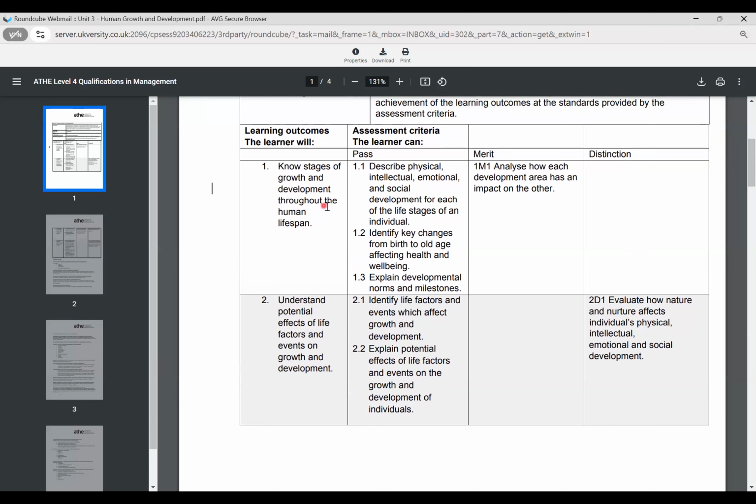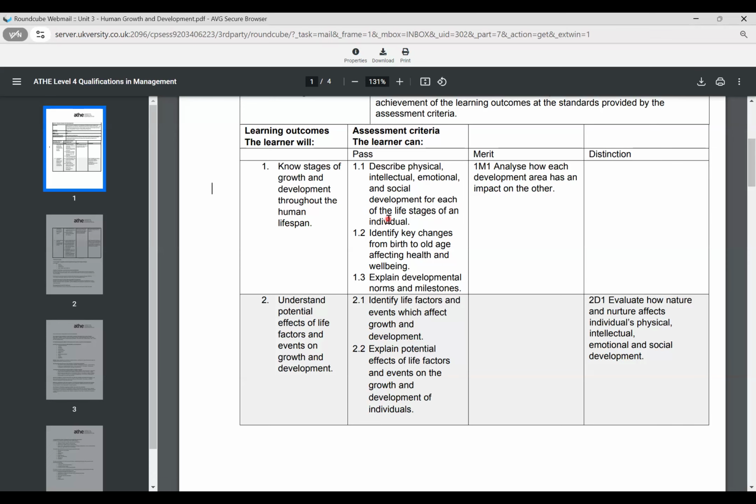So for the first learning outcome, you were asked to know the stages of growth and development throughout the human lifespan. To have a pass here, you would describe the physical, intellectual, emotional, and social development for each of the life stages of an individual.